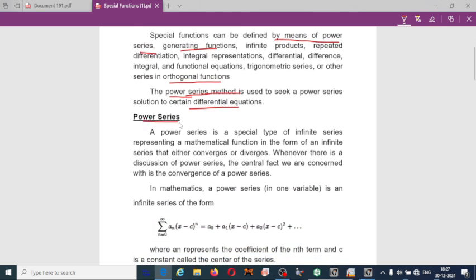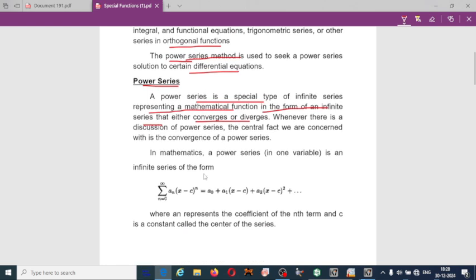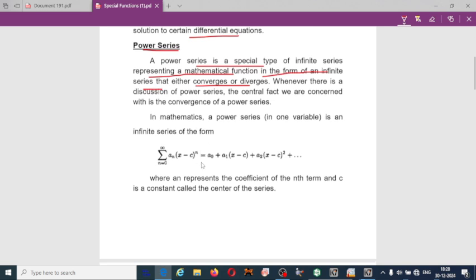So power series, first we should understand, is a special type of infinite series representing a mathematical function in the form of an infinite series that either may converge or diverge. So a power series usually is an infinite series that may converge or diverge.